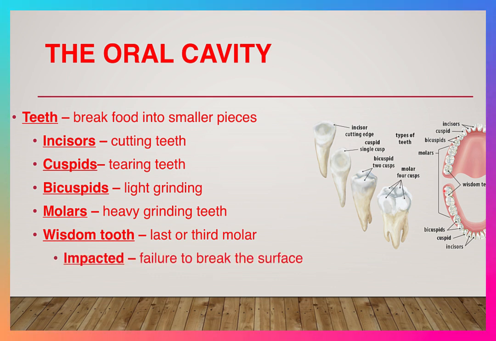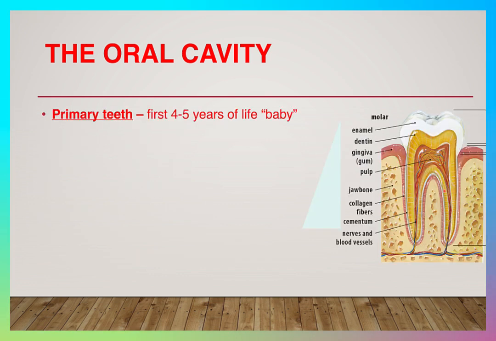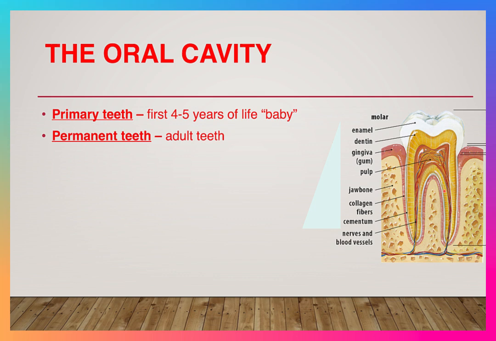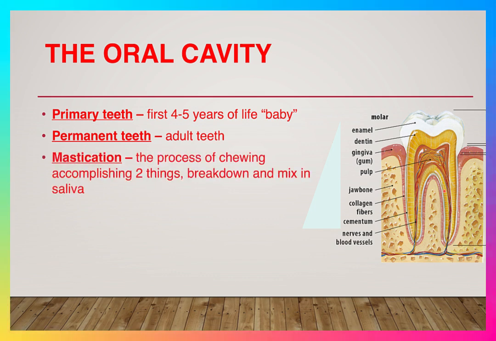And when that happens, it's known as impaction, and it can also occur when the teeth fail to break the surface of the gum and you have to go through the surface of the gum in order to get the tooth out. Now the primary teeth are teeth that occur in babies. They're also called the baby teeth, whereas the subsequent teeth that come out are called adult teeth or permanent teeth.